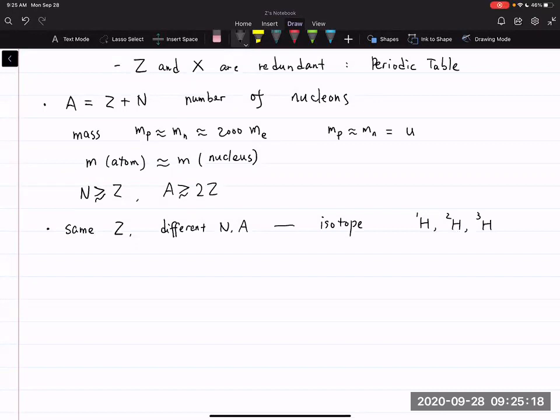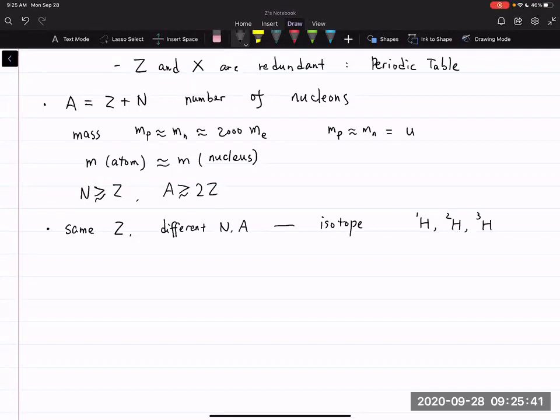If you want to know the individual number of protons and neutrons, we have to look up the periodic table by knowing the chemical symbol H. We look up the dictionary, the periodic table, and I tell, oh, so hydrogen will have 1 proton.